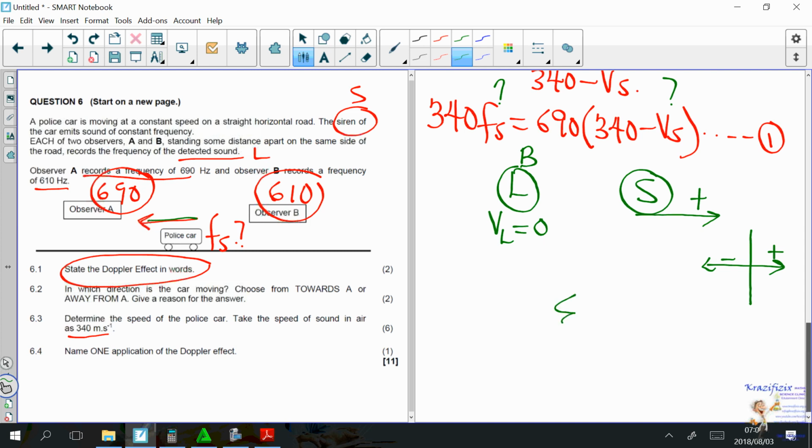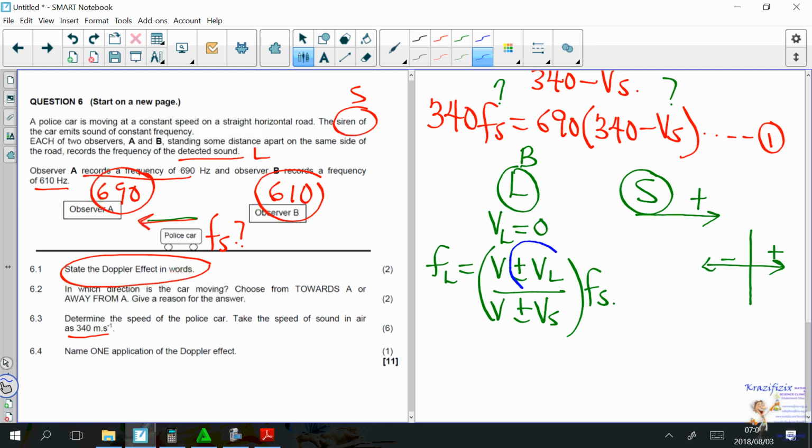What am I going to have now? FL equals (V plus or minus VL) over (V plus or minus VS), everything multiplied by FS. Now, let's reinterpret the formula. Again, my listener is stationary.